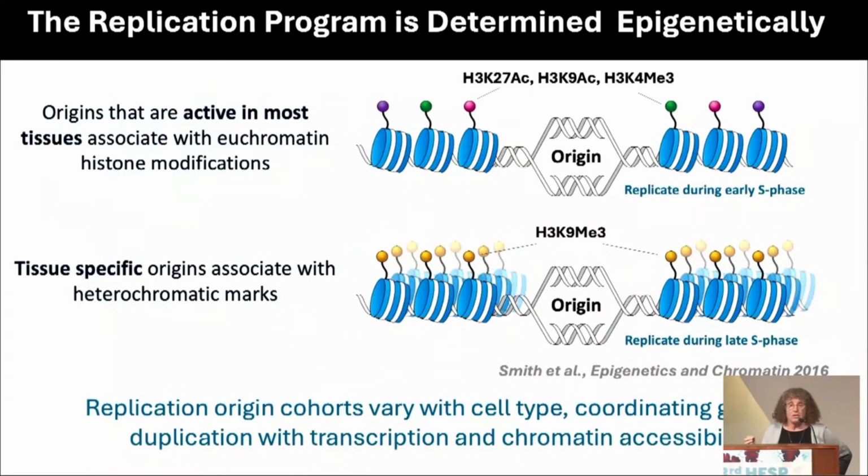We first learned when we tried to look at replication origins that we do not have a very active consensus sequence that identifies all replication origins. We have different groups of replication origins. Some of them are active in most tissues, and these are associated with euchromatin histone modifications.